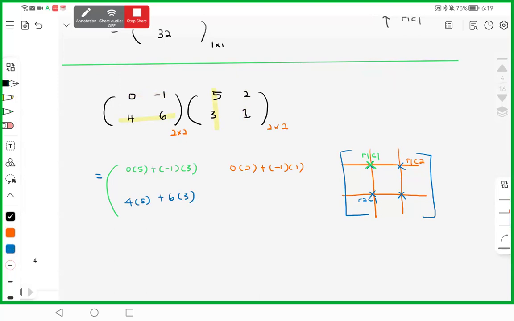Last one, row 2, column 2. L shape, then this changes to the second column. So 4 times 2 plus 6 times 1. Done. Then you can use a calculator to find out the outcome.